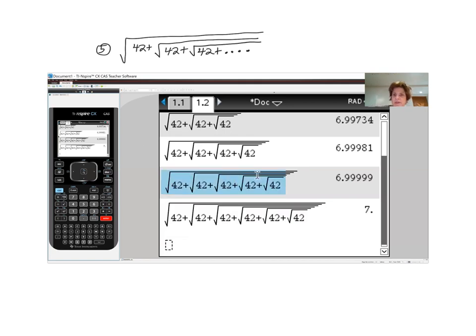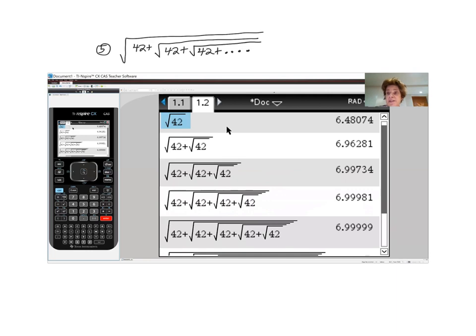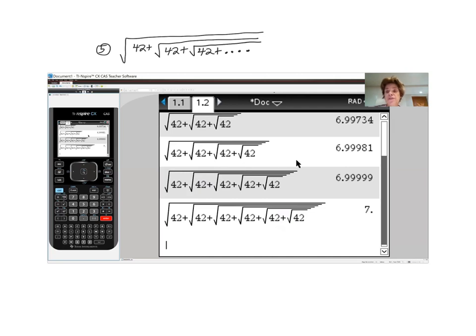And this is an example in calculus called a series, and it's a series of partial sums. Notice how we keep adding the square root of 42. And we see that the sequence or the list of partial sums seem to be getting closer and closer to this number 7. And if we continue, we would probably keep getting 7.